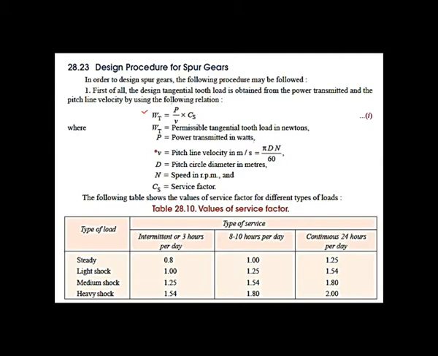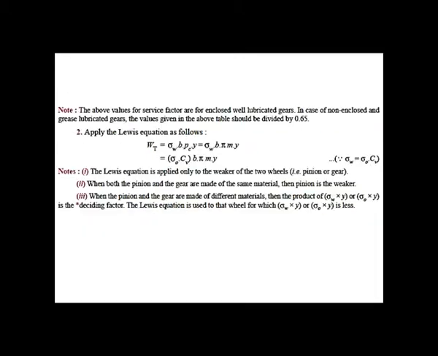This will be according to this relation, where P is the power to be transmitted, V is the pitch line velocity, and Cs is the surface factor. We have covered this in the last class.